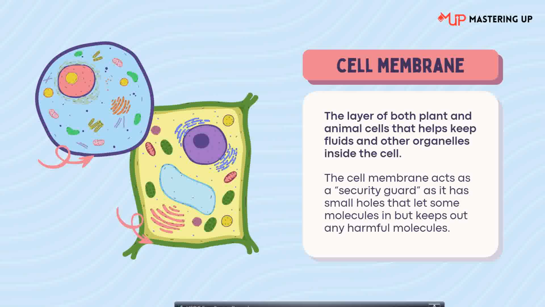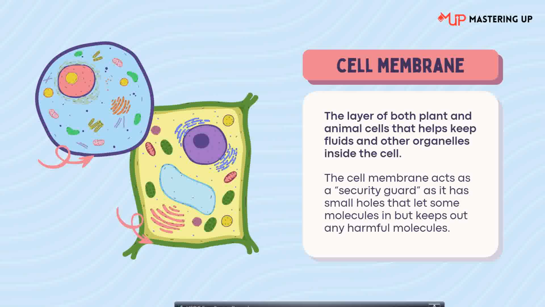The cell membrane acts as a security guard, as it has small holes that let some molecules in but keep out any harmful molecules. If we look deeply into the cell membrane, we can see there are small guarded holes. It doesn't allow the fluids to come out through these holes, but some minerals and other particles need to be transferred into and out of the cell.